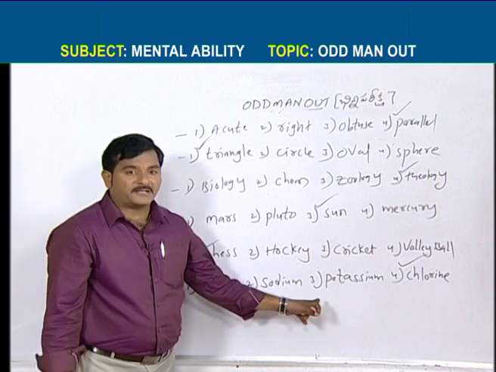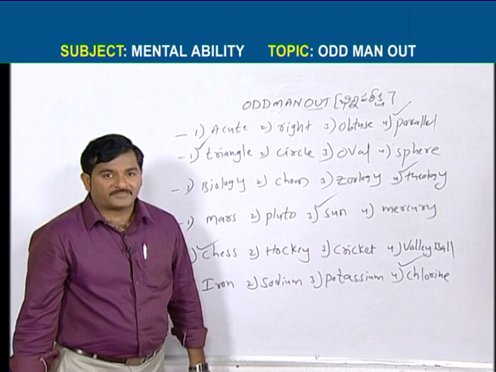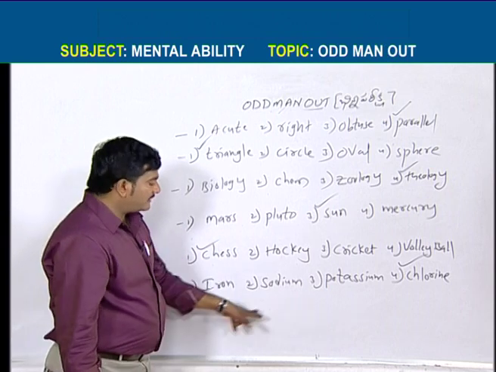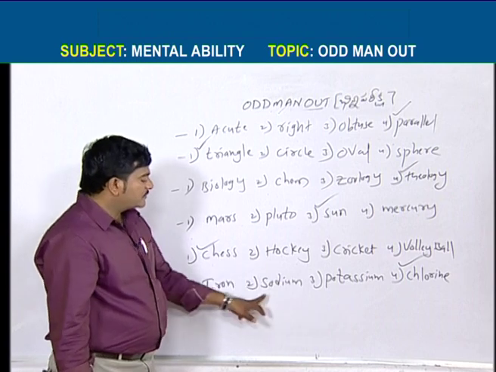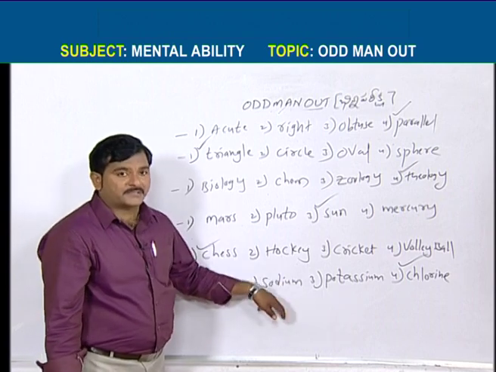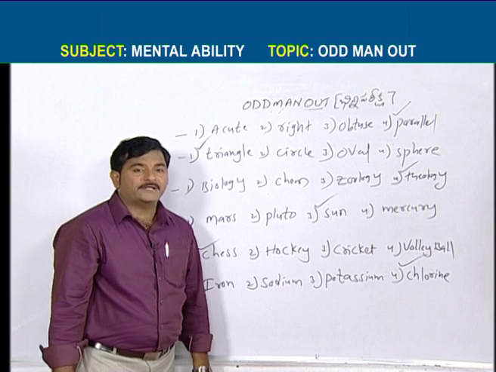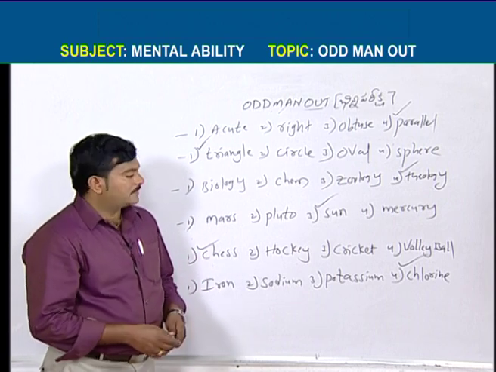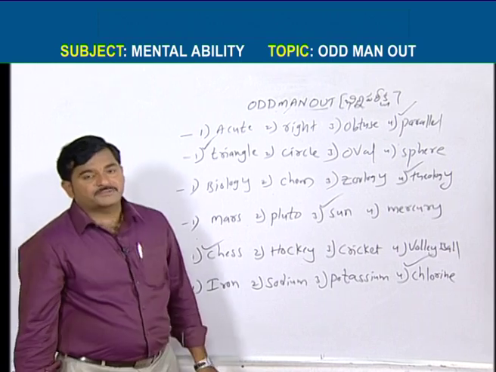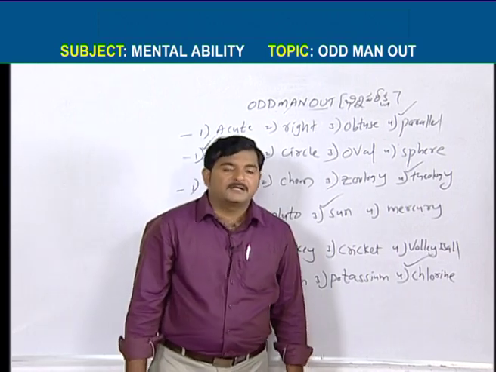The remaining three are metals, whereas chlorine is a gas. It is not a metal. Iron, sodium, potassium, these are metals. Whereas chlorine is a gas, not a metal. So these are some problems we discussed in odd man out.